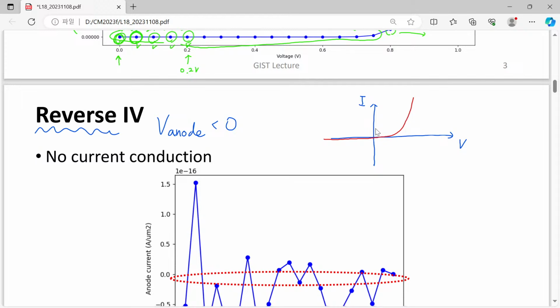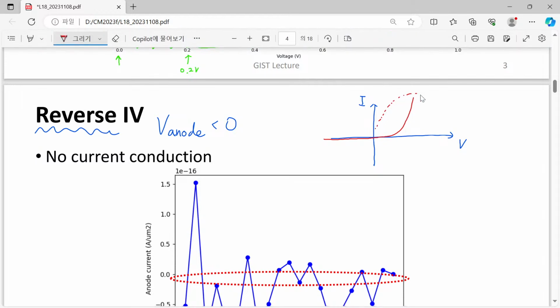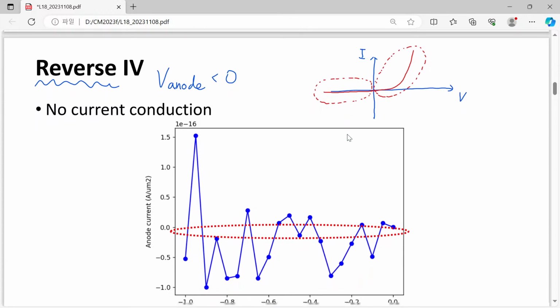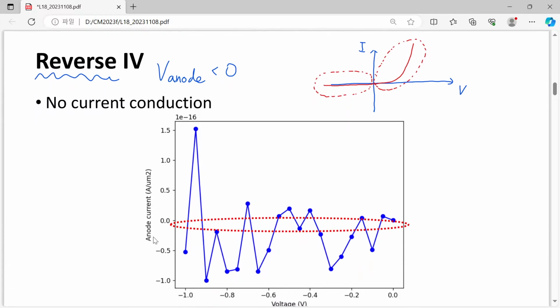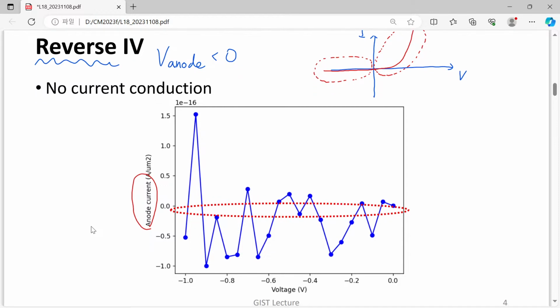So we have already seen this part. This part is called the forward operation mode, and now we are talking about this one. The answer is somewhat unexpected like this. So when you have anode current, still this is linear scale, and here we have voltage, and this is my best result I can calculate from these double precision numbers.